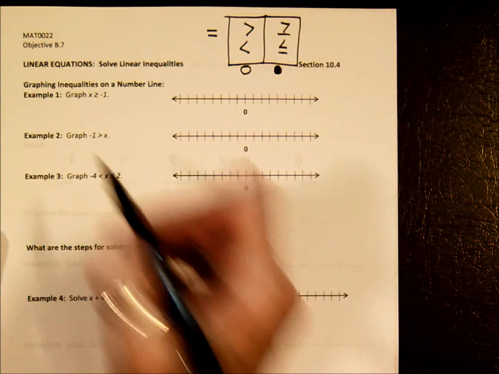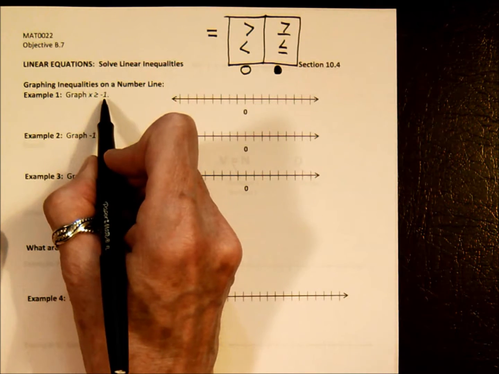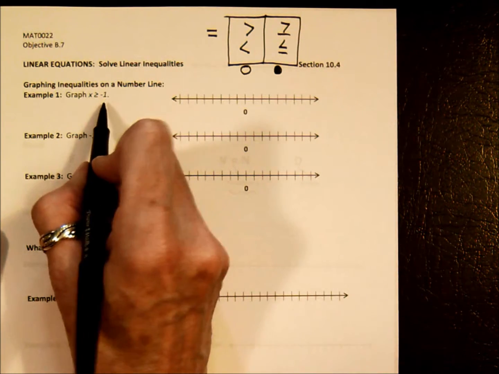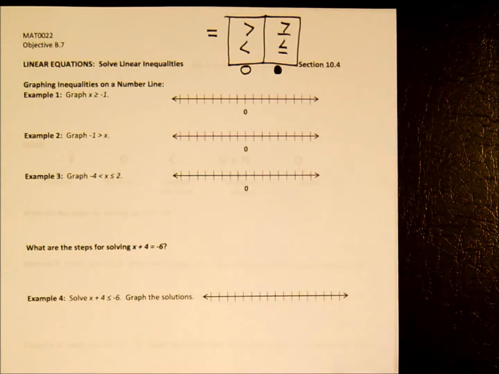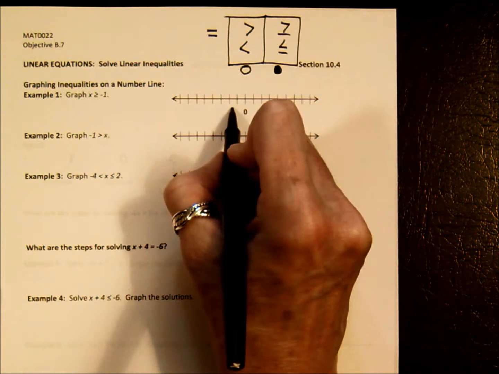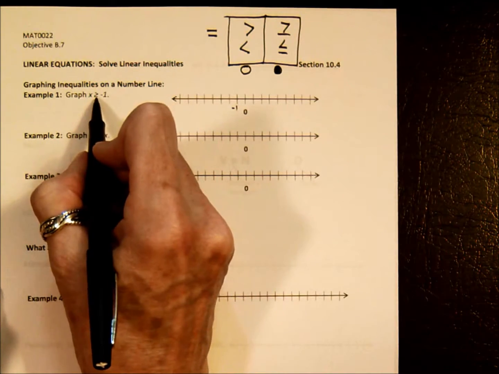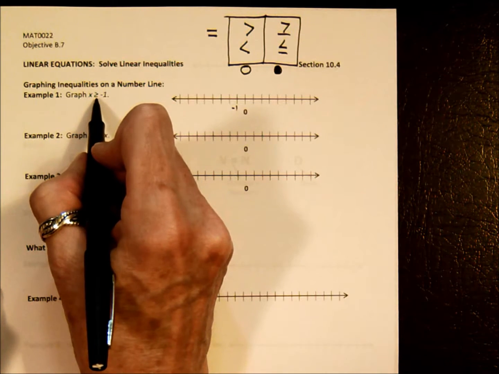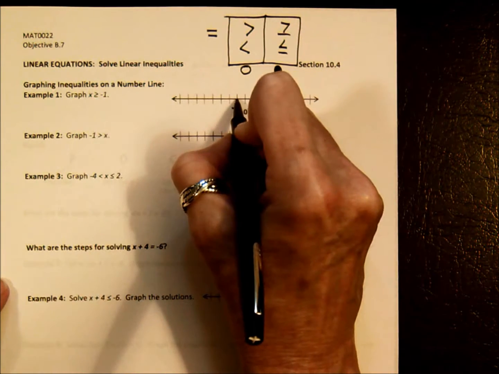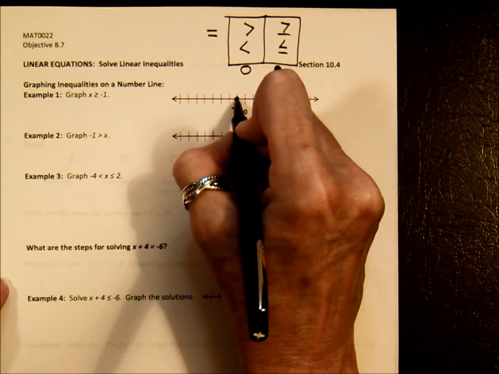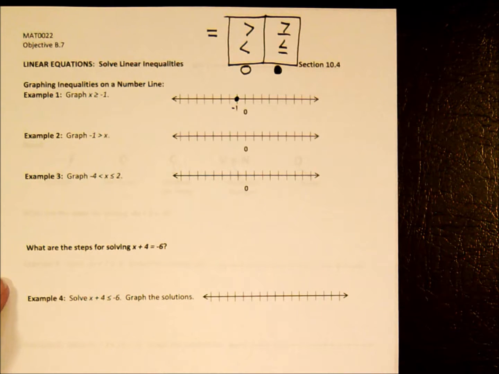So I want to locate my key number here, which is -1. On our number line it's not labeled, but if this is my 0, we're going to label this as our -1. Since it is greater than or equal to, I'm going to put a solid dot on the -1 because that is included in the answer.